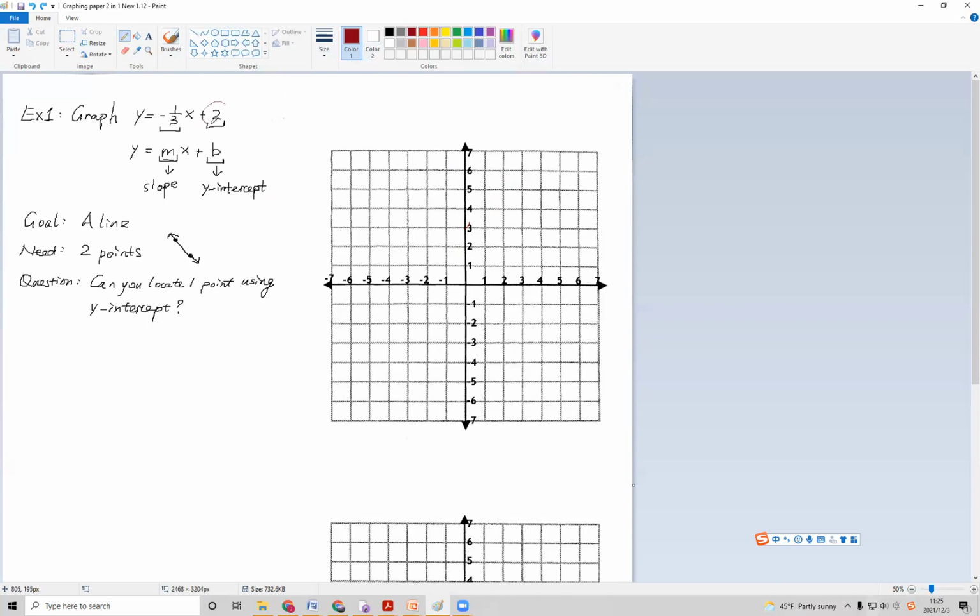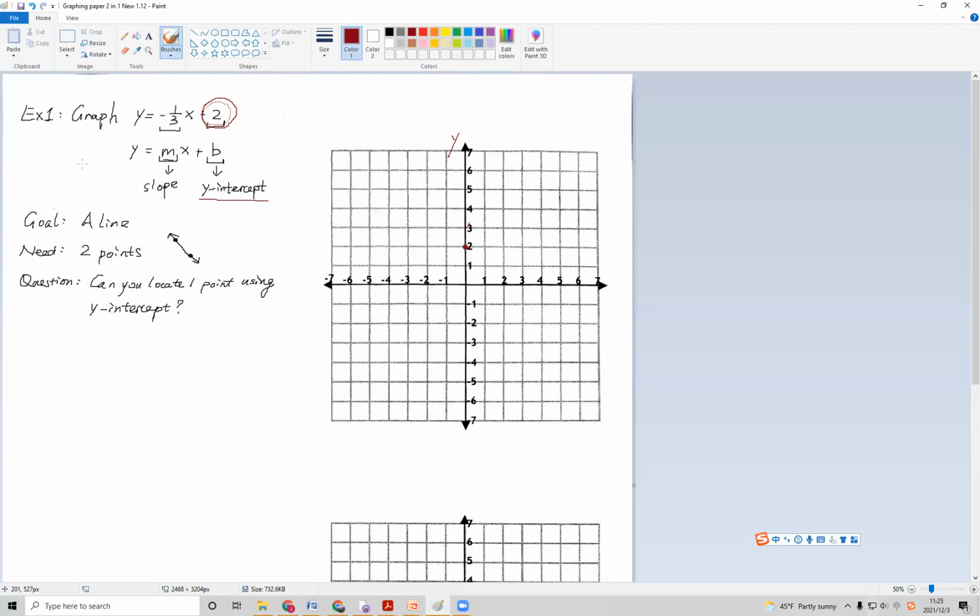Okay, so let's see. We want to do y-intercept 2. So first step, we want to locate a point on the y-axis using the y-intercept. So the first point, you already got it. It should be 2 on your y-axis as your y-intercept.